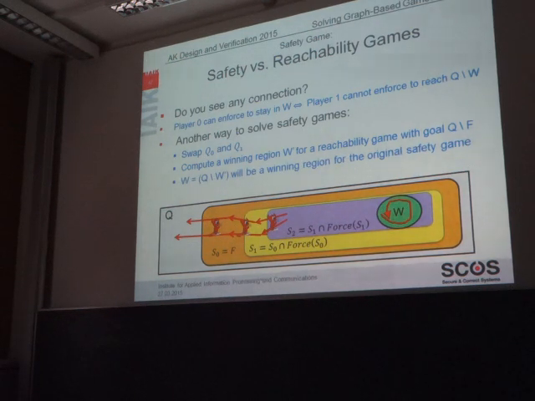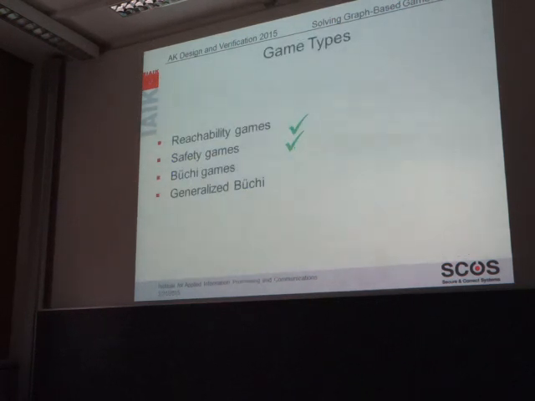So in order to get the winning region for our original problem, we just need to negate the results that we got from the reachability game. Now this may be a bit difficult to think about with all these negations, but we have already discussed this basically, and you already came up with this solution on your own. Okay, so this is safety games.